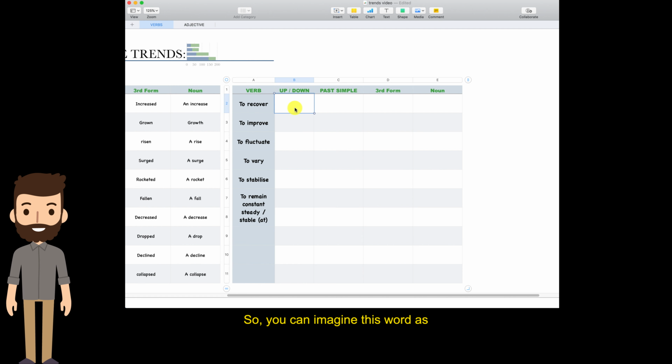So you can imagine this word as down first and then up. A bit of both, right? Let's imagine if a child was ill, so his health was going down and now he's recovering. So his health is becoming better, it's going up. That's why we say that verb, to recover. If you see a trend that's going down and then up, we would say recover.